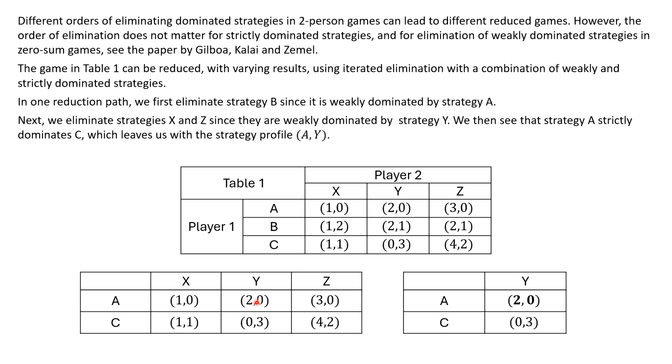So Y weakly dominates X and Z, and we eliminate these two, and then we look at player one, and so player one would select strategy A, and player two has only one strategy left. So 2-0 would be the no regret solution in this case. All right, now we can do this in another order, and I'll show you that on the next slide. But just keep in mind the solution we got here.